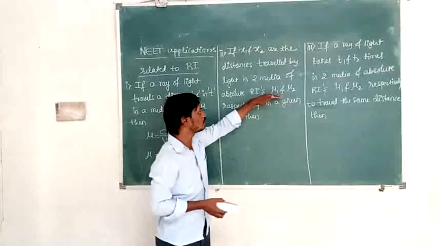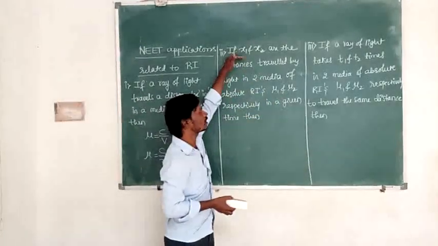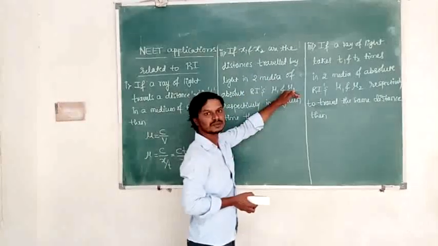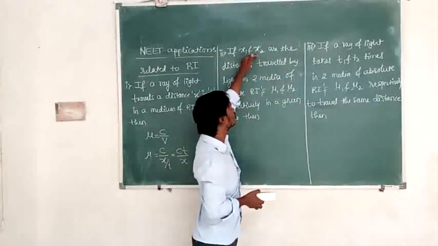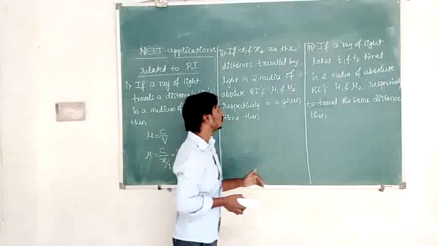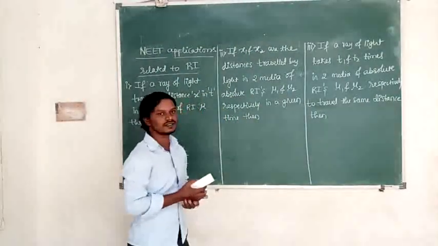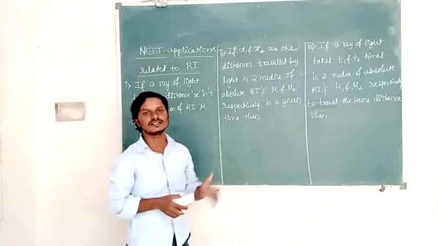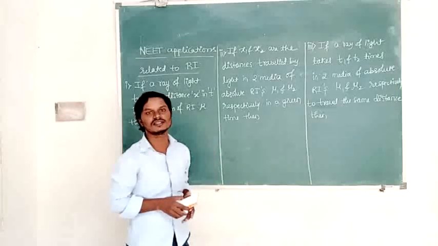In the medium of refractive index mu1, the distance travelled by the light is x1, and in the medium of refractive index mu2, the distance travelled is x2. Then how to write the relation between refractive indices and distances in the given time?